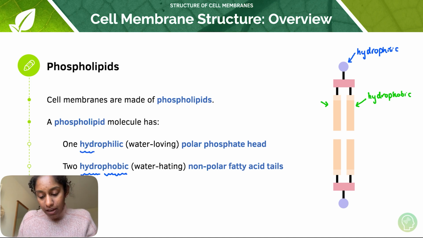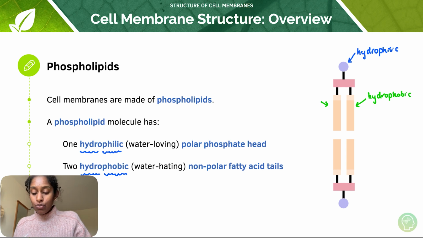And then hydro again, water, philic, from the Greek of love, so water loving. And this is relevant, as you'll see in a sec, because that all determines which way round our hydrophilic head and our hydrophobic tail is positioned within our membrane.